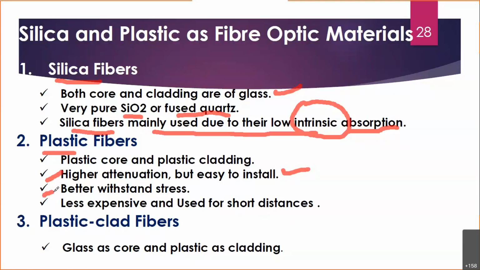And you see again, better withstand, meaning it can sustain a large amount of stress compared to the glass fibers, so that it does not break easily compared to the glass. And then another factor, less expensive, and it is used for short distances. So that is how you can compare: silica fibers, plastic fibers.